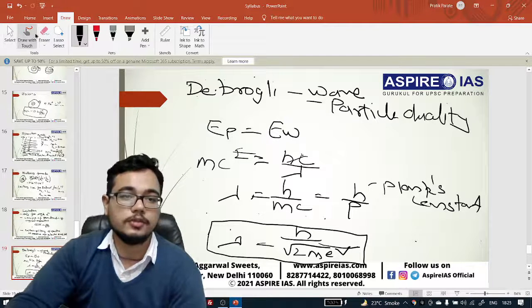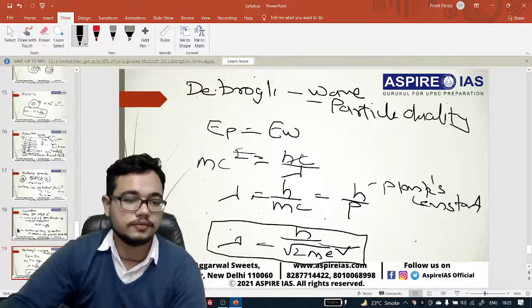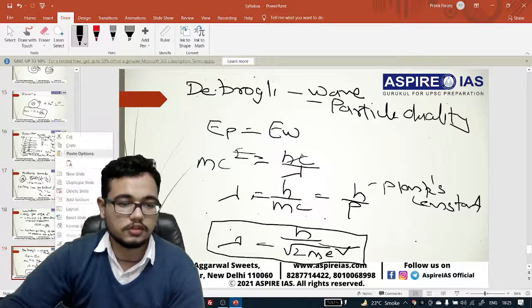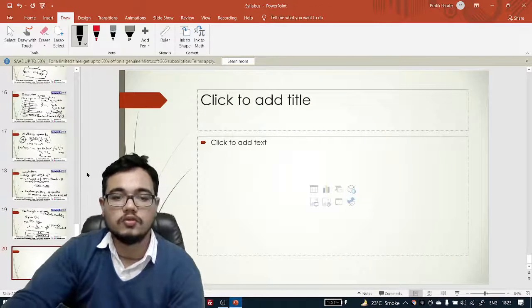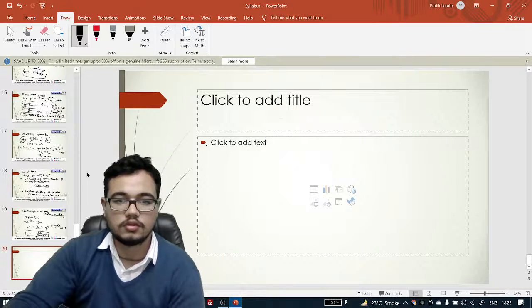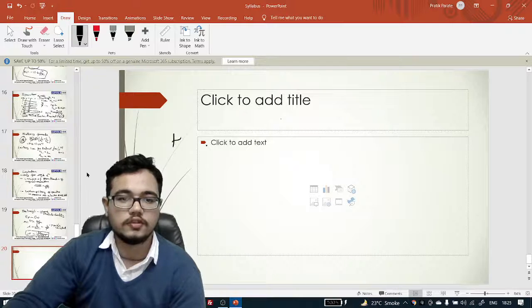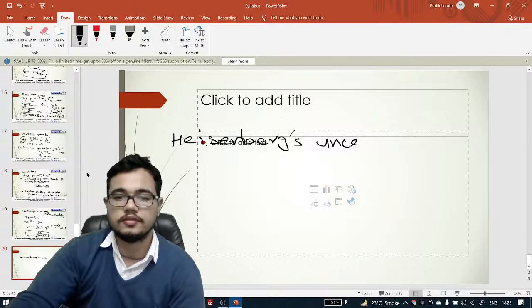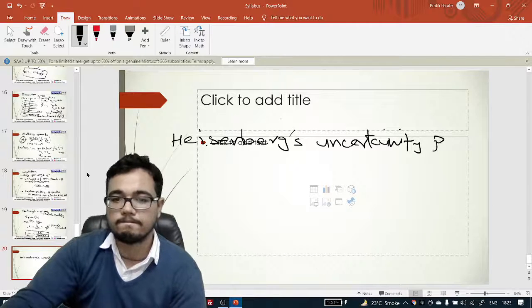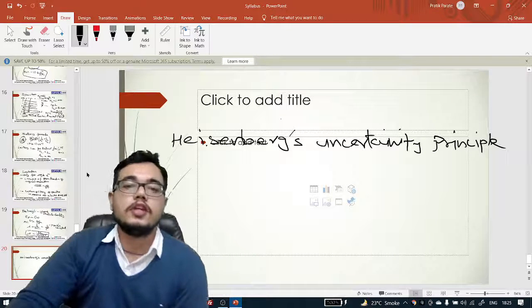Then came the theory of uncertainty by Heisenberg, that we say Heisenberg uncertainty principle. Now what did Heisenberg say?